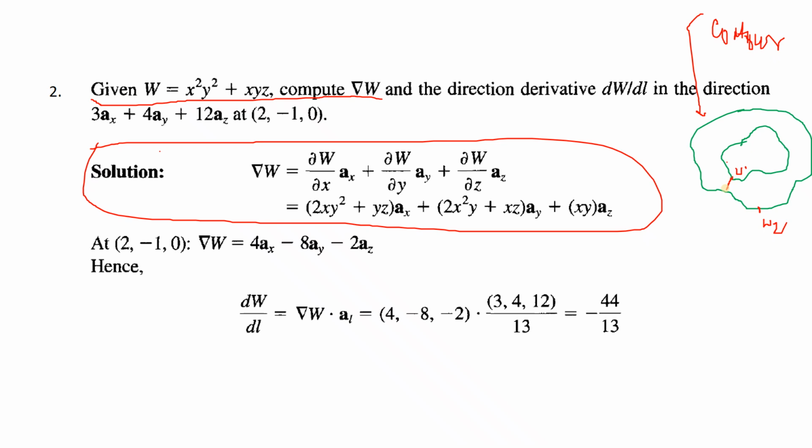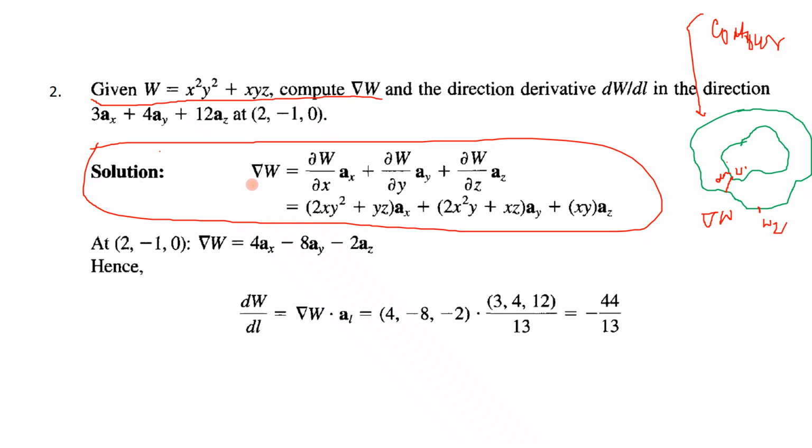Now if you want to shift to W2 and you choose this path, then this is the shortest one. This path is dn. Hence you will get the gradient.